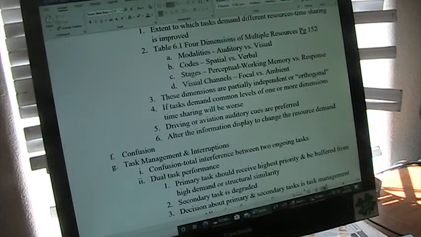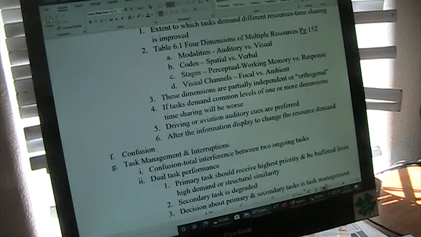So that might be searching, imaging, reading, rehearsing, listening versus pushing, speaking, pointing, manipulating. And then our visual channels are going to be focal versus ambient.